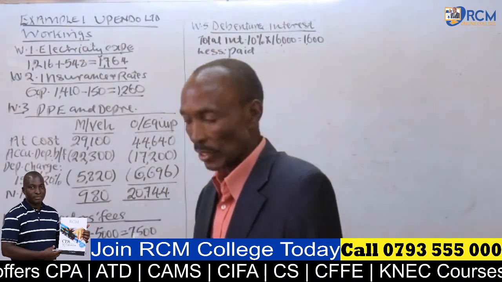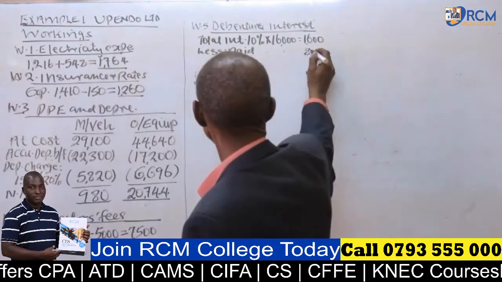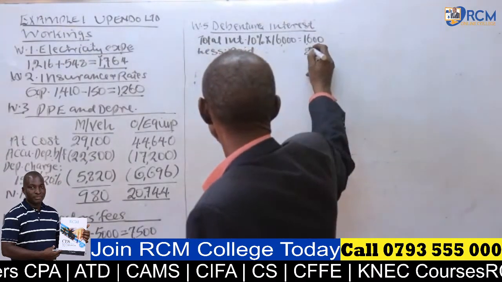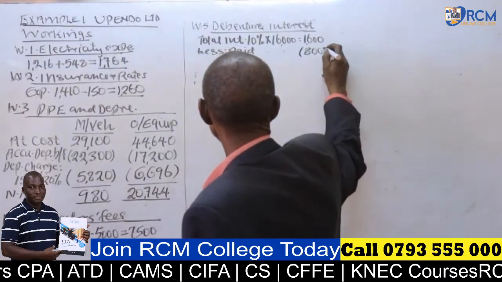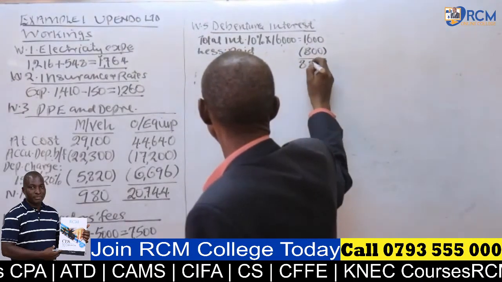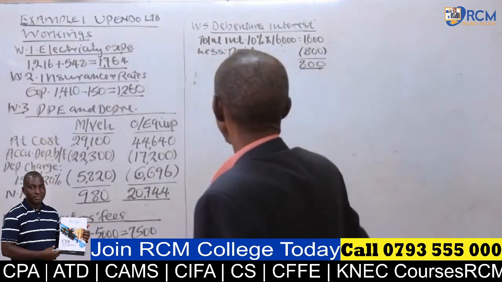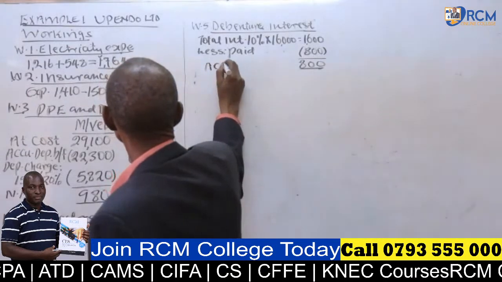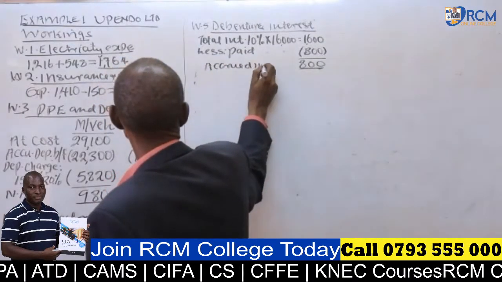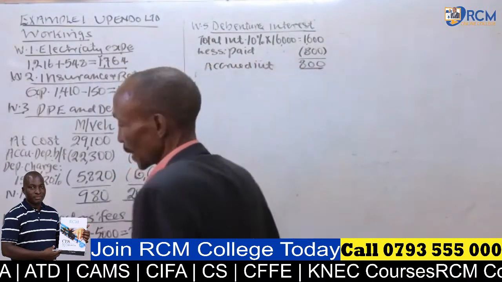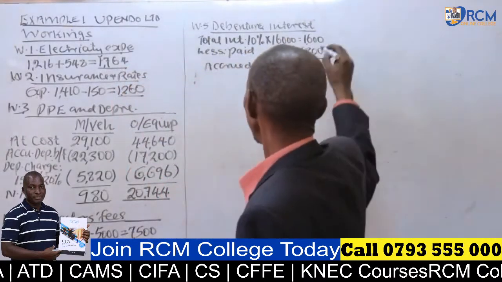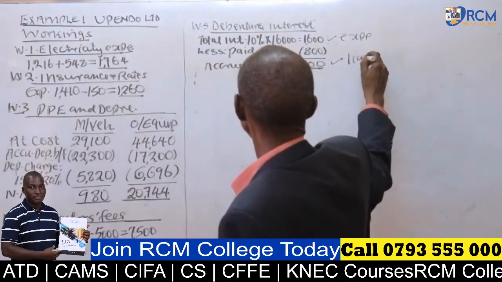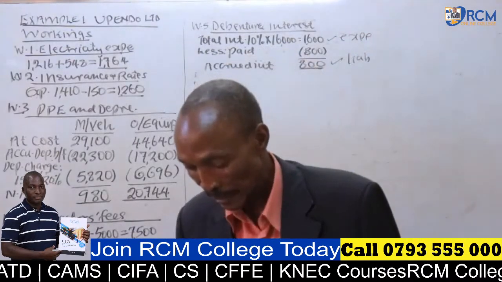The debenture interest paid is 800. So when we are given such, we deduct what has been paid to give us what is accrued. So that is the amount of interest accrued, and it will be a current liability. The amount which will be the expense is this one. The amount which will be a liability is this one. That's how we go about it.